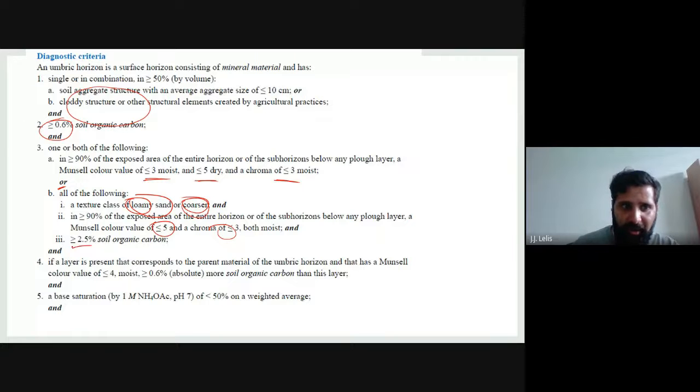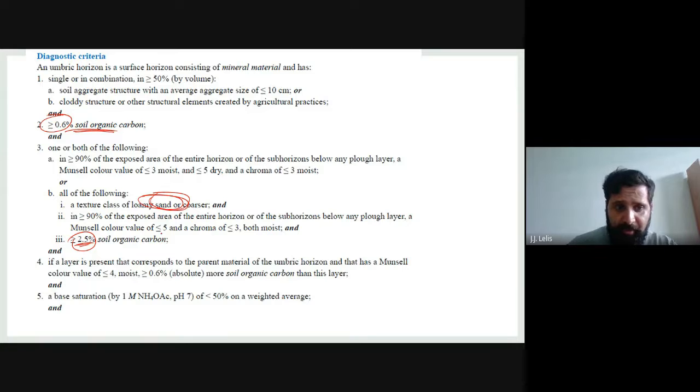And a higher organic carbon content in comparison with these materials. So you can see, if we have a soil that presents a clayey or silty or loamy texture, we just need to present 0.6% of soil organic matter. But if we present a sandy texture, we should present a higher content of soil organic carbon.